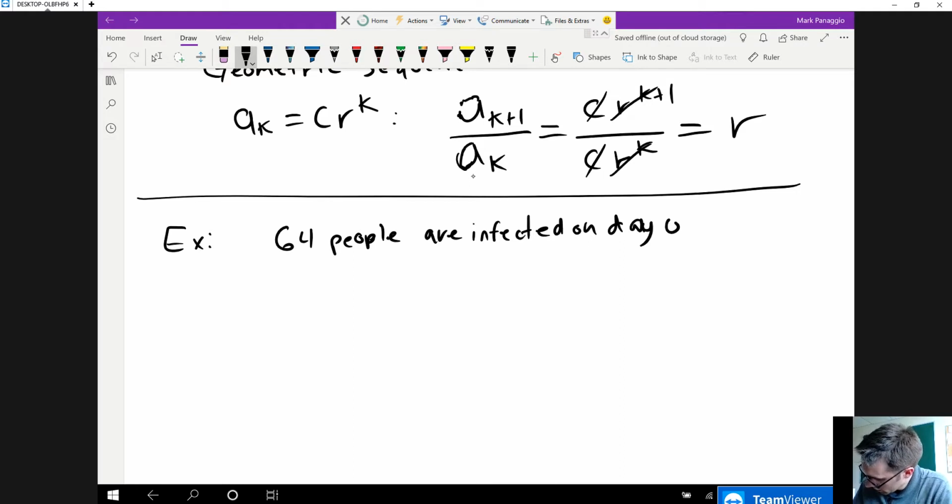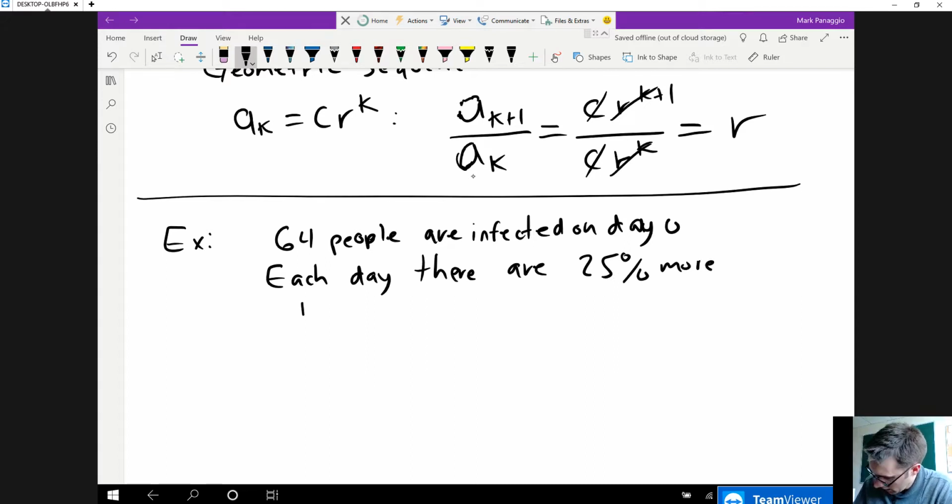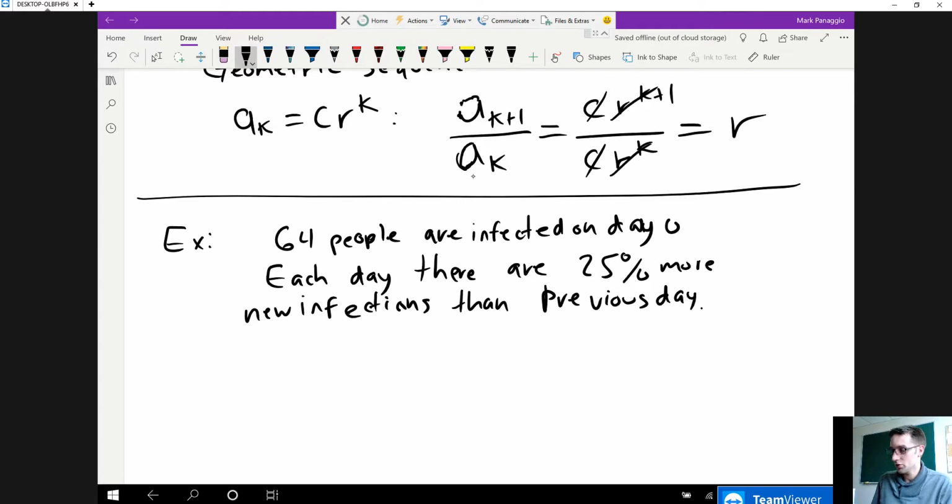And let's suppose that each day there are 25% more infections, new infections that is, than the previous day. We can describe the total number of infections using a geometric series.